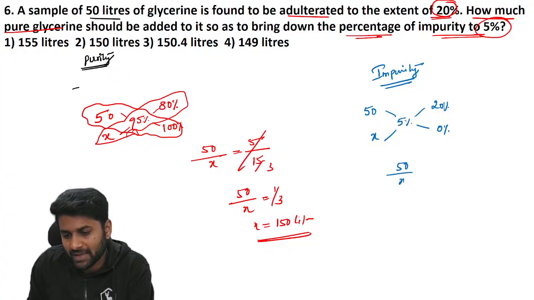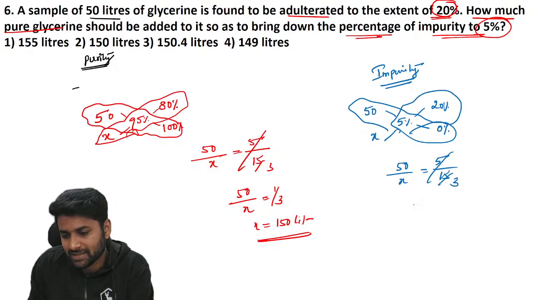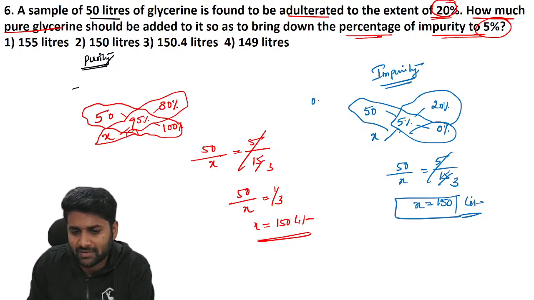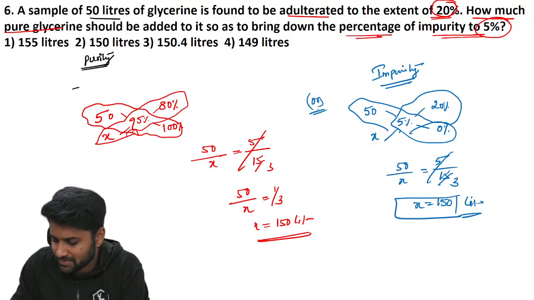Again 50 by X is equal to the difference between the numbers, 5 minus 0, and again this value is 15. So cancel with the 3 times, then X value is equal to 150 liters. You can solve with either variable, guys. The answer must be the same.